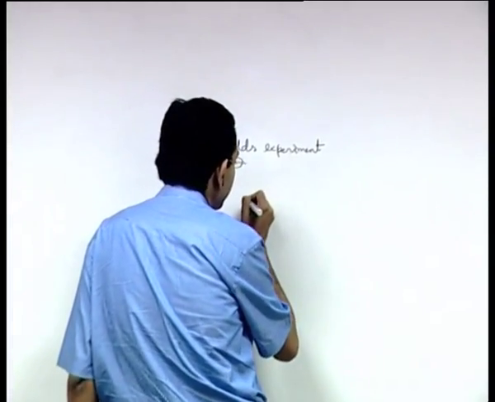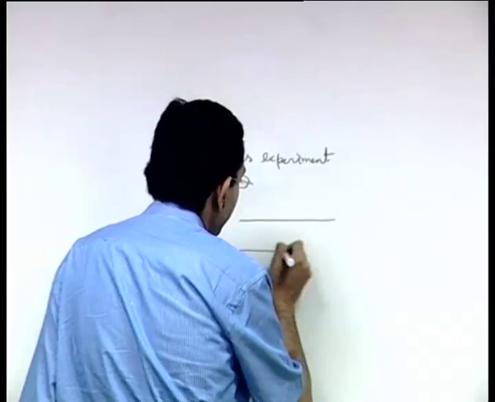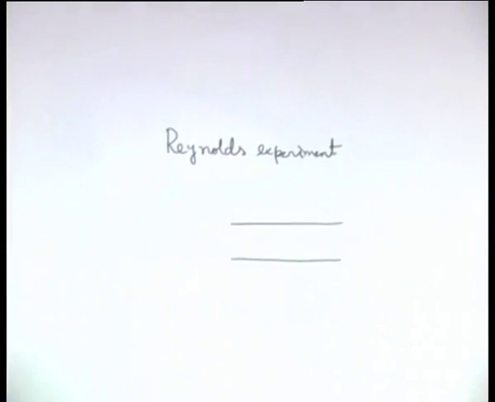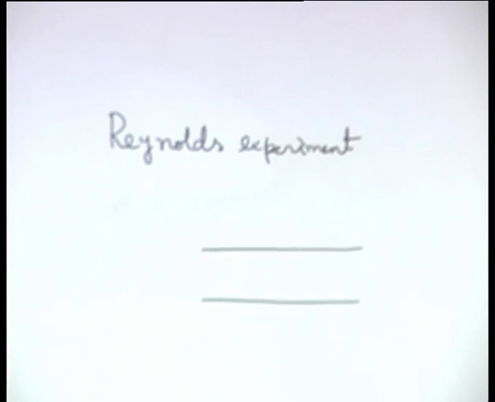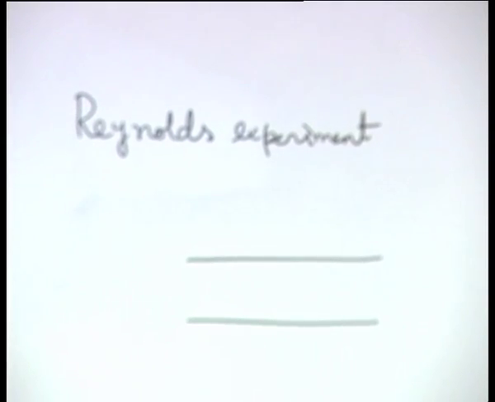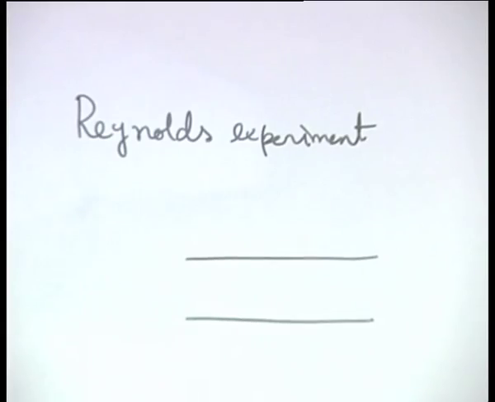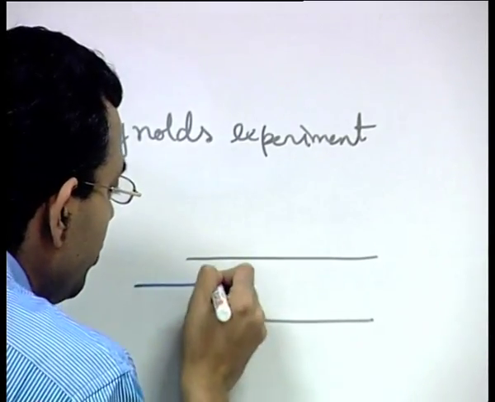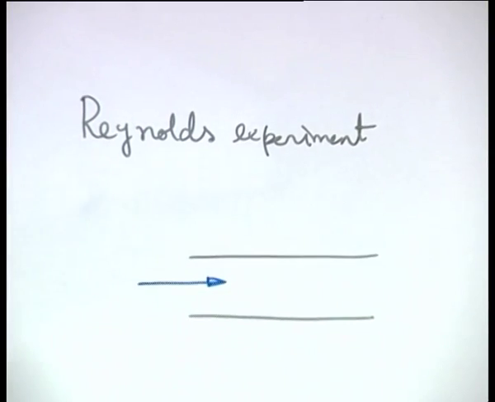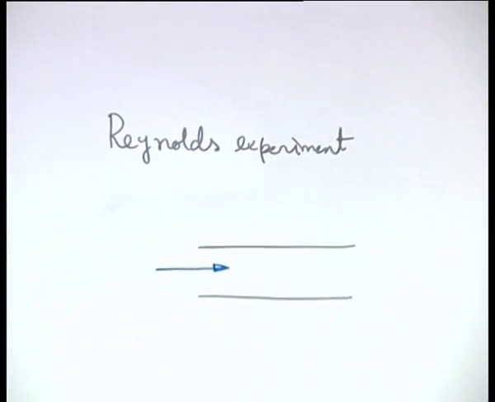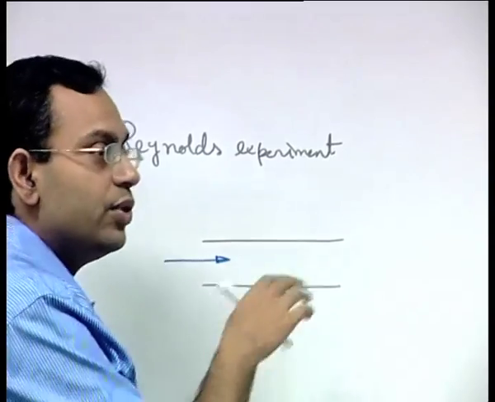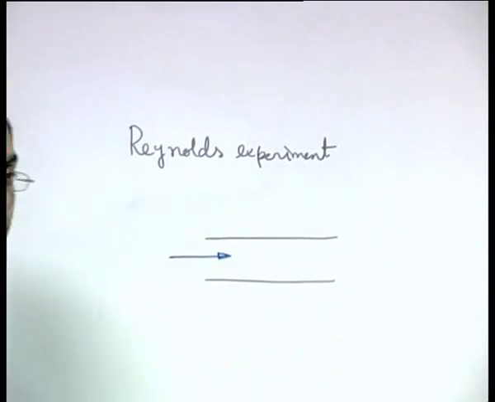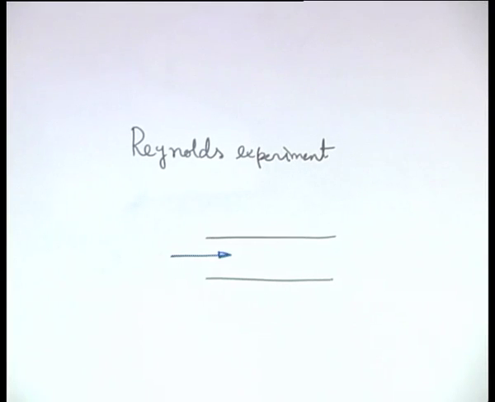In which there is a tube and there is a supply of fluid through the tube, and a colored dye is injected with the fluid stream. At very low velocities, what happens?